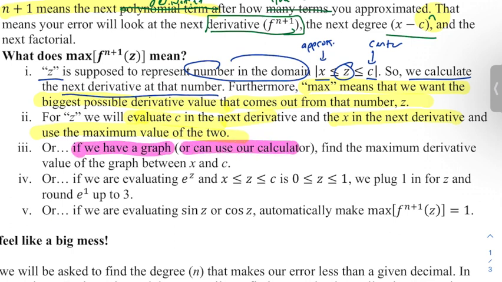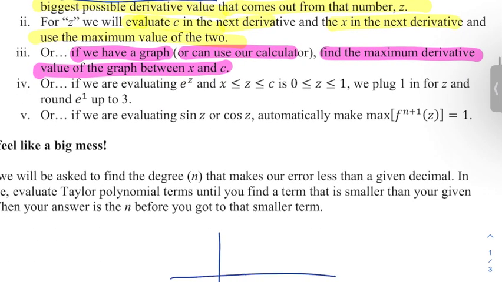Letter number 3 here, if we have a graph, or if we can use our calculator, we might be able to find the maximum derivative value on the graph between x and c. So like if there's a graph, let's say that we're told to do a 4th degree Taylor polynomial approximation. So that means we want to look at the 5th degree for the max, and let's say our center is here at 1, and we're approximating at 1.1 right here.